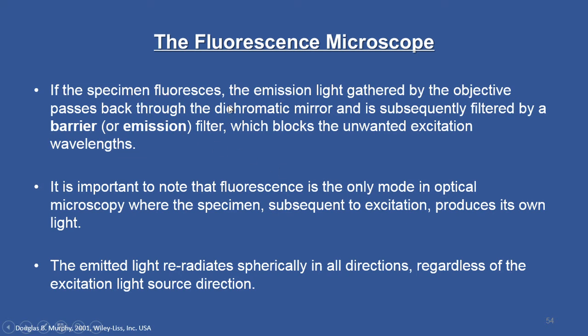If the specimen fluoresces, the emission light gathered by the objective passes back through the dichromatic mirror, and it is subsequently filtered by a barrier or emission filter which blocks the unwanted excitation wavelengths.